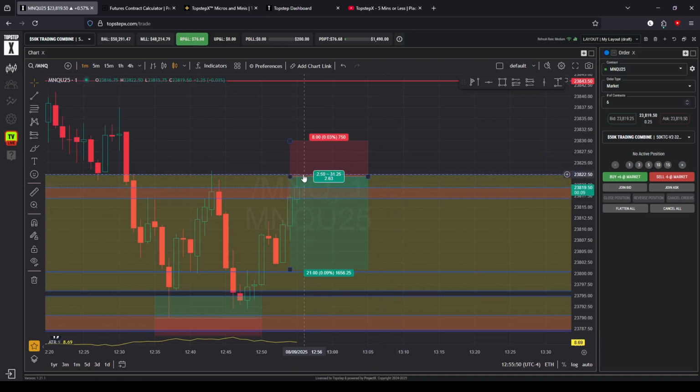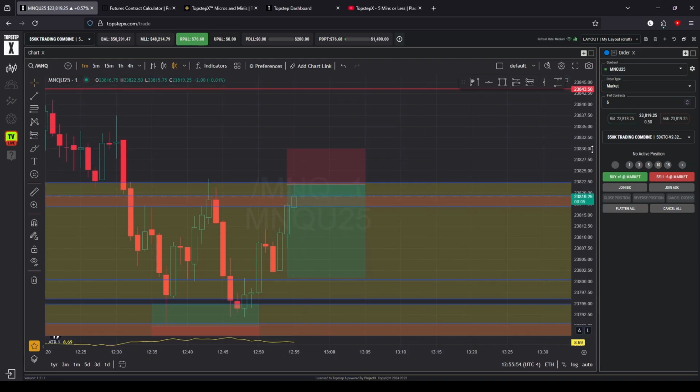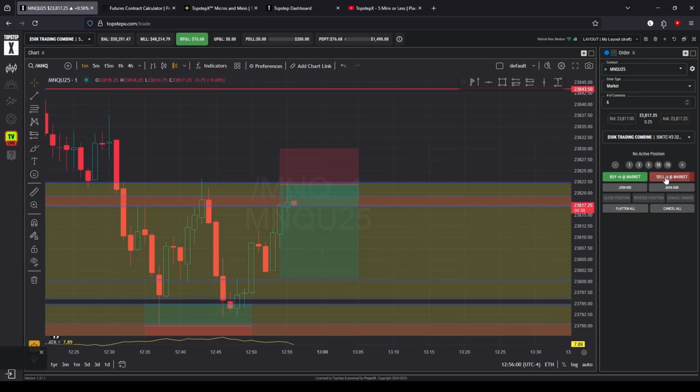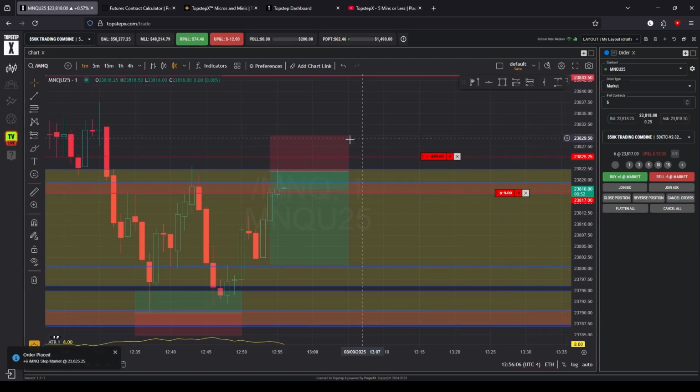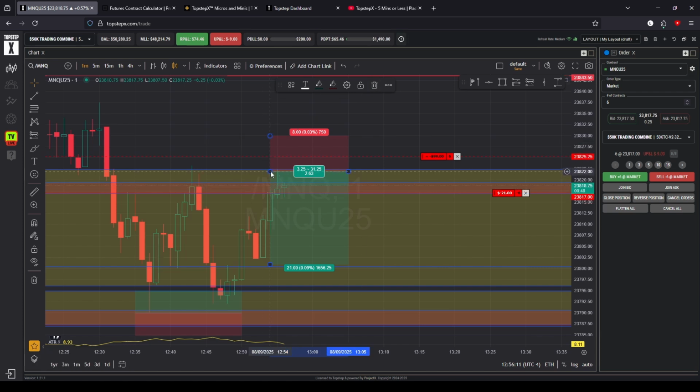I mean, it might not go above exactly. Let's see. Okay. Filled. All right, that might have been a bad idea, but we'll see. So close at 100. Where did it fill?